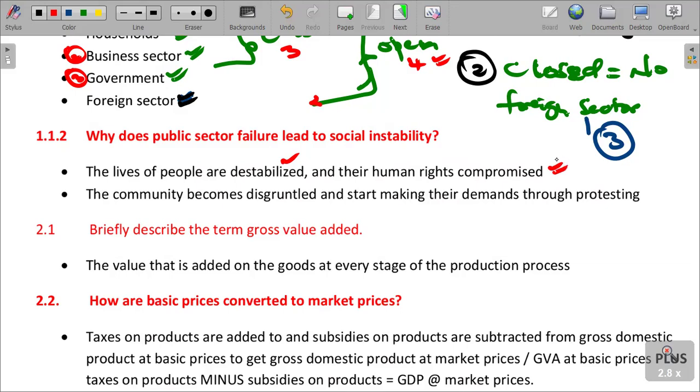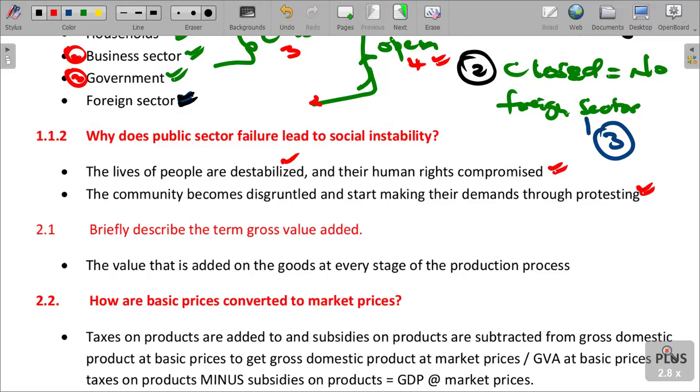They are compromised because sometimes the government fails to meet the expectations or roles that it has to fulfill. The community becomes disgruntled and starts making demands through protesting. Protesting can also result in vandalism, sometimes strikes, people getting injured, and destruction of infrastructure.